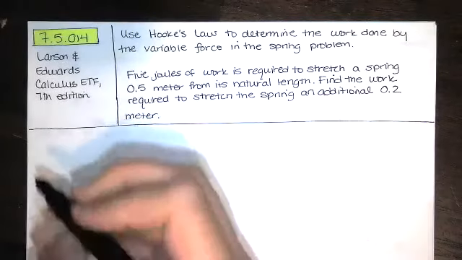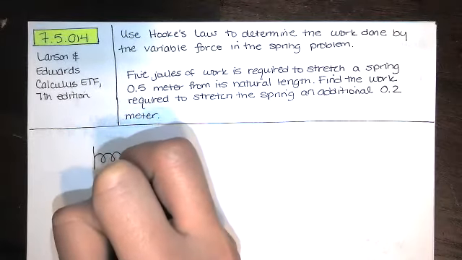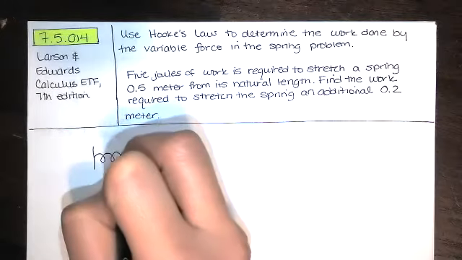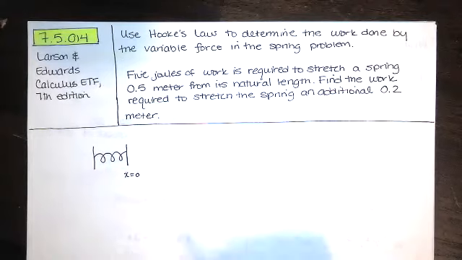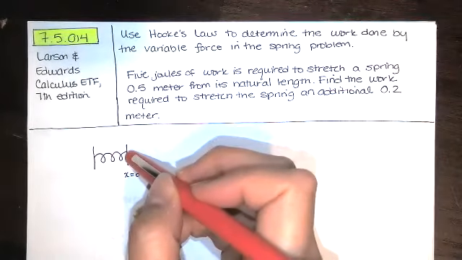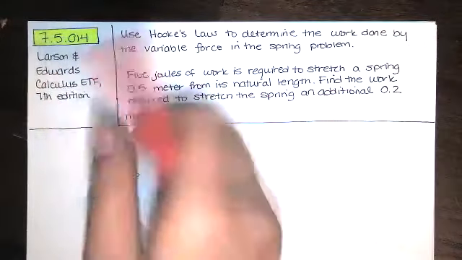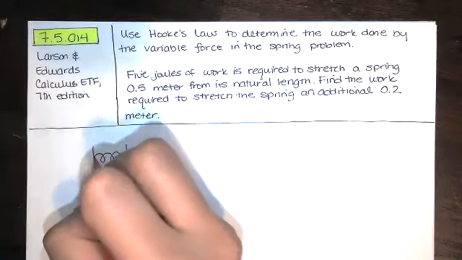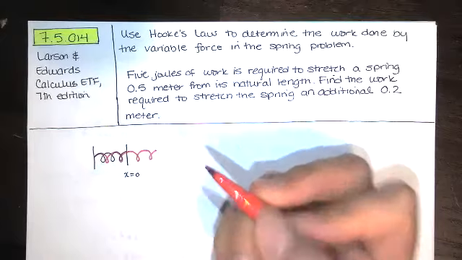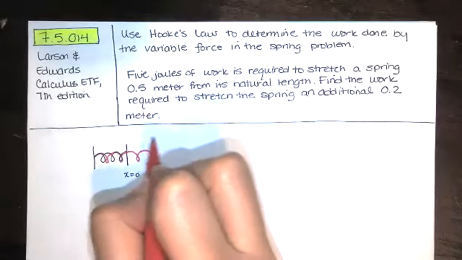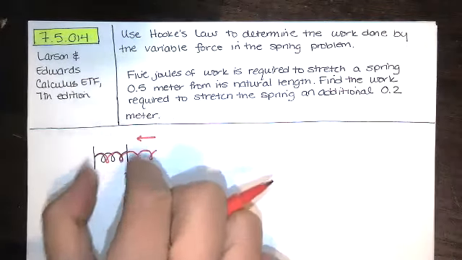So this is the idea. If you have a spring, let's say this is its natural length, we'll call that x equals 0. If you pull the spring this way, let's say we pull it a little bit farther, there's going to be a force that wants to restore that spring to its original position.